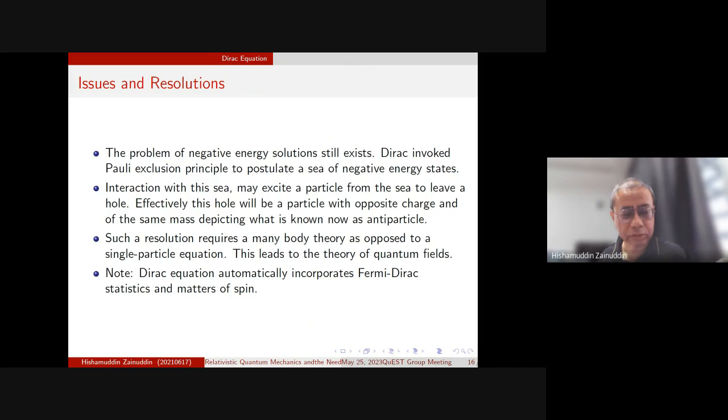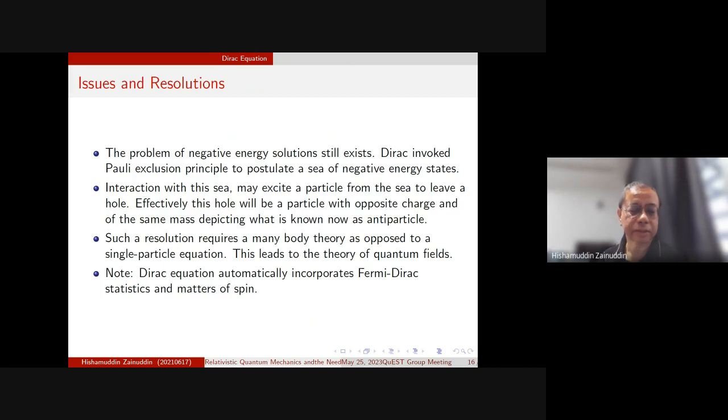Your solution is really a solution that involves many other particles, and the appropriate formalism for this is actually quantum field theory.